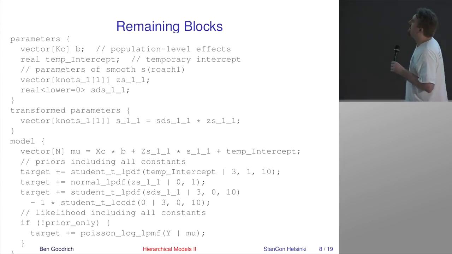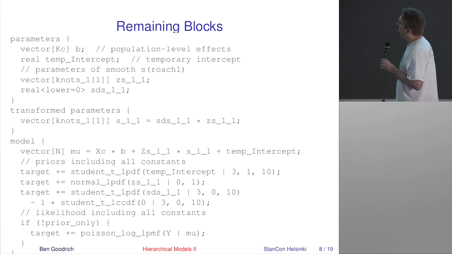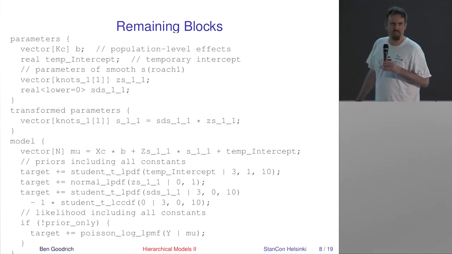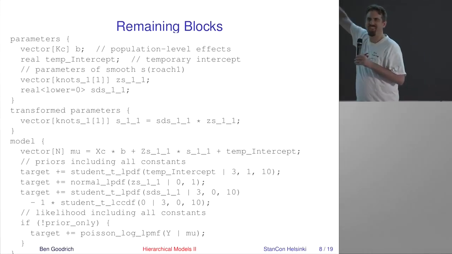We create something called mu, which is a little bit misleading because it's not actually a conditional mean, but you can think of it as eta.